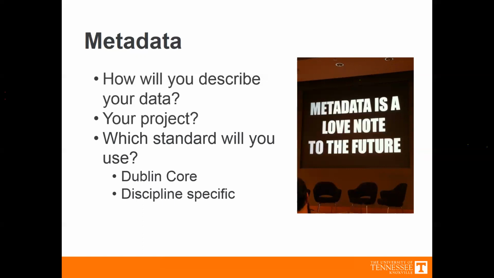In ecology, there's another one called Ecological Metadata Language, and in the biological sciences, there's one that's very specific called Darwin Core, which gets into things like the genus and species and kingdom and all the phyla, all these different parts of the organisms' names and things like that. So it just depends on what discipline you're in as to what metadata standard you might want to use.